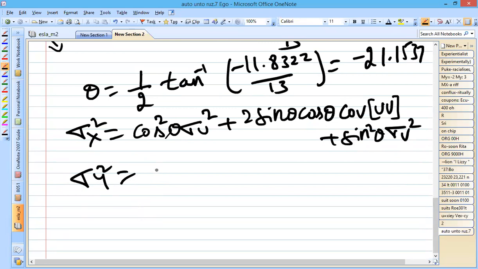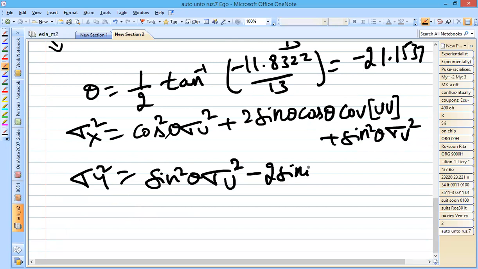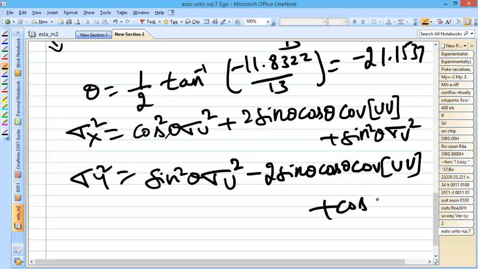Similarly, the sigma y square equation: sin square theta sigma u square minus 2 sin theta cos theta covariance of uv plus cos square theta sigma v square. One thing you need to remember: whenever a problem is given, first analyze which transformation function is being given. Since they are mentioning the value of theta, it is related to the rotational transformation.